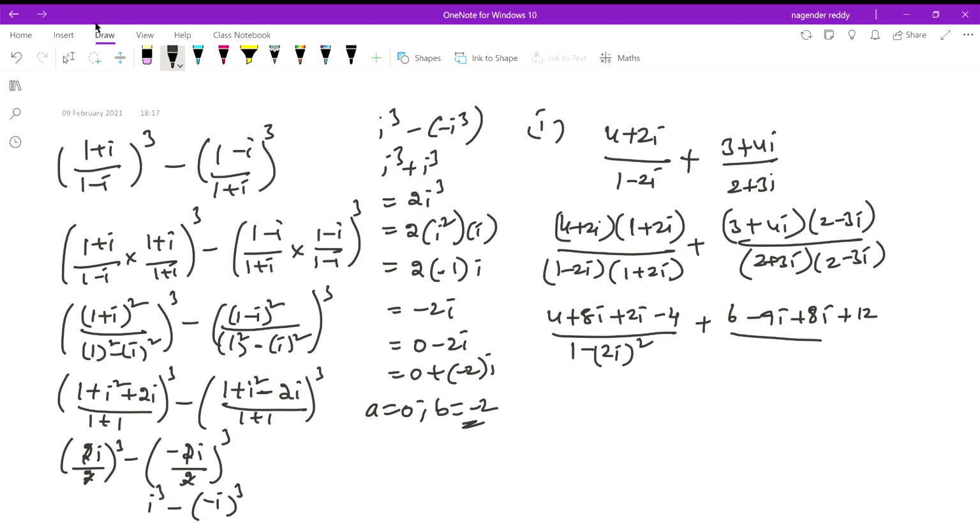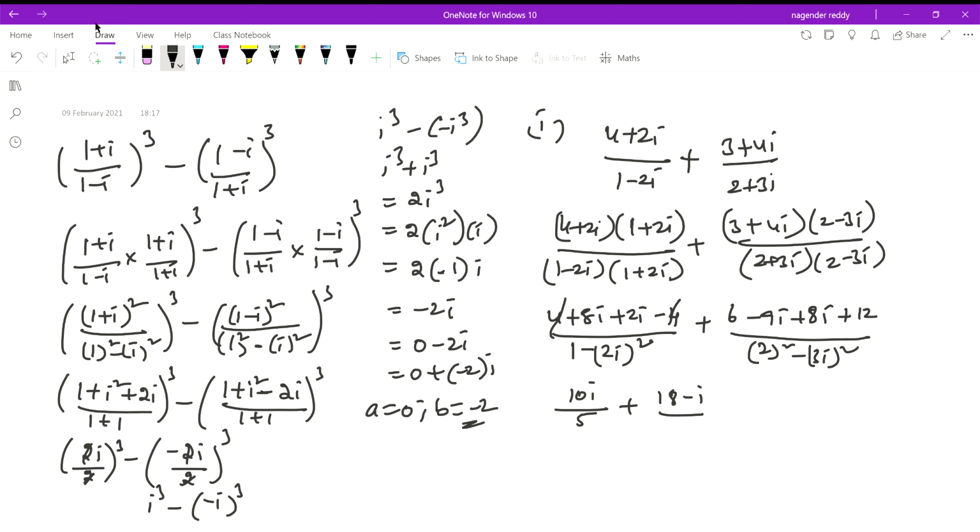Then a plus b and minus b, 2 whole square minus 3i whole square. These two get cancelled, leaving 10i by i square gives you plus 1. 1 plus 4 is 5, plus 6 plus 12 is 18, minus i, by 2 square gives you 4.